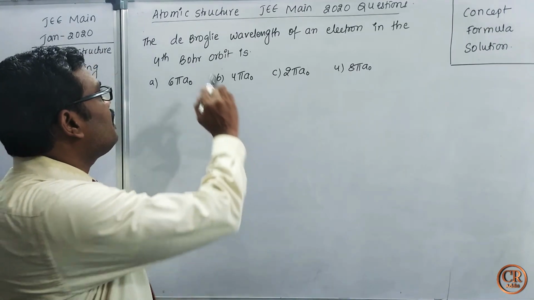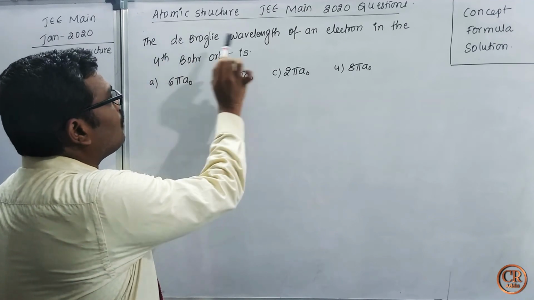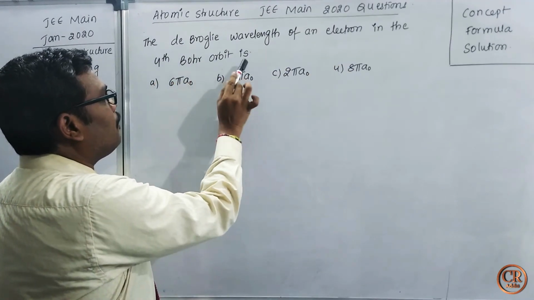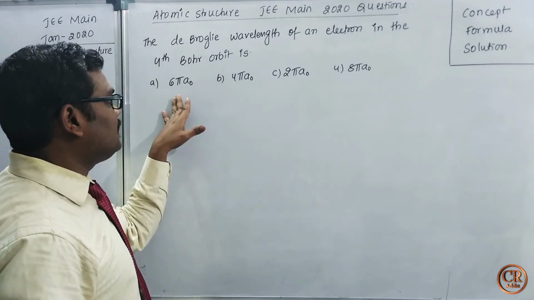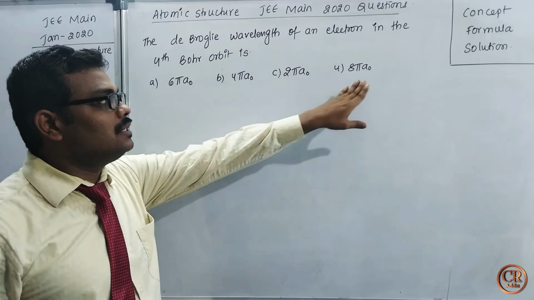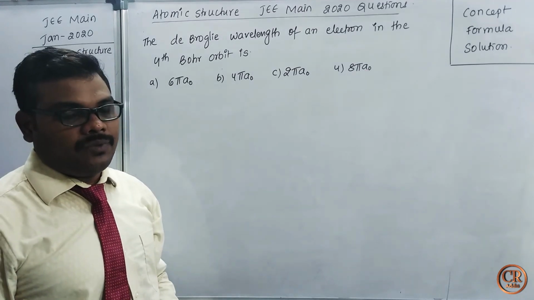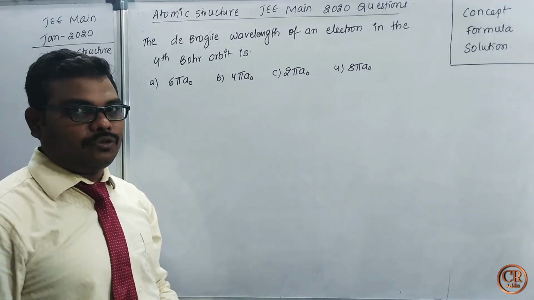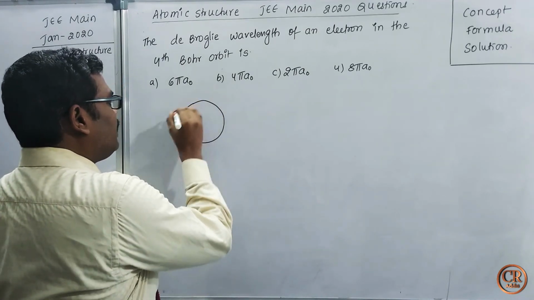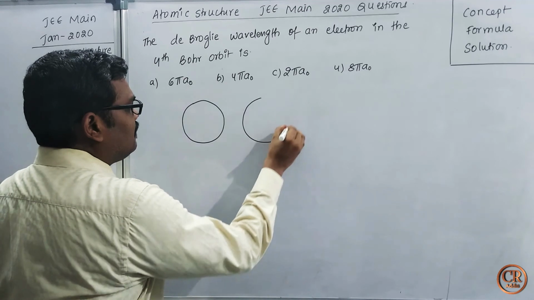The next question is: the de Broglie wavelength of an electron in the fourth Bohr orbit is, option A 6 pi A0, 4 pi A0, 2 pi A0, 8 pi A0. The concept related to this question is that a wave may be in phase or out of phase. Let us take this as the orbit.